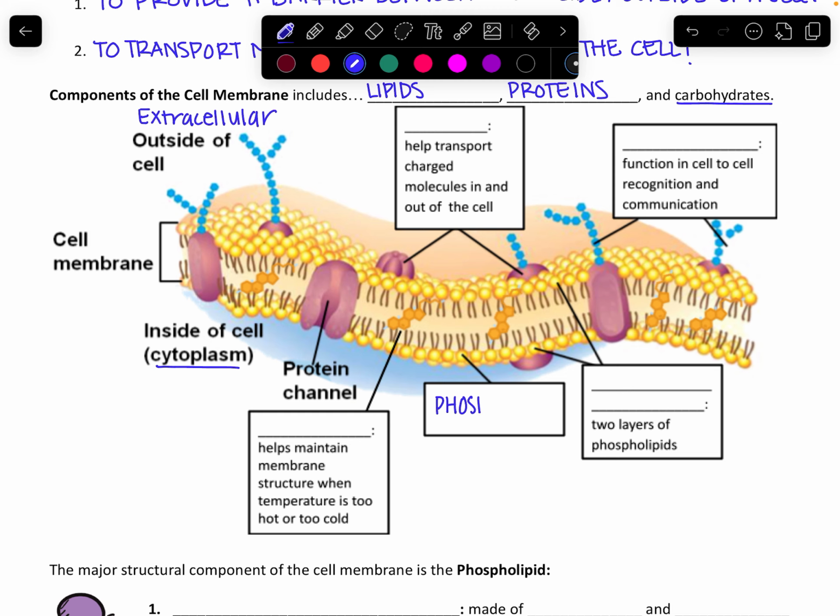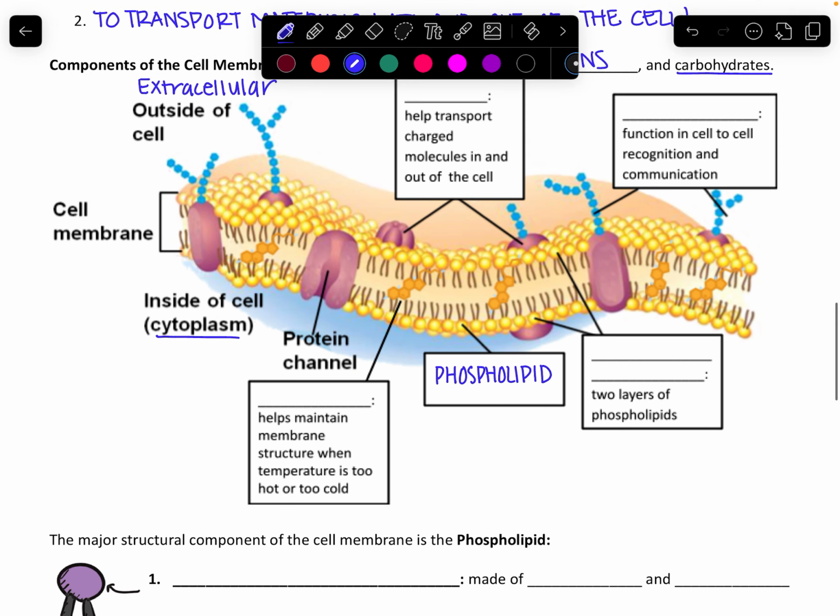And you guys have looked a lot at phospholipid structure these past couple of days. We can see that it is arranged in two layers with those hydrophilic heads on the outside and the hydrophobic tails on the inside, okay? We call those two layers our lipid bilayer. Okay, and that's going to be the primary component of our cell membrane.